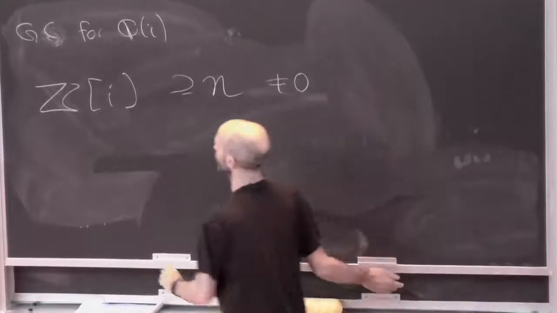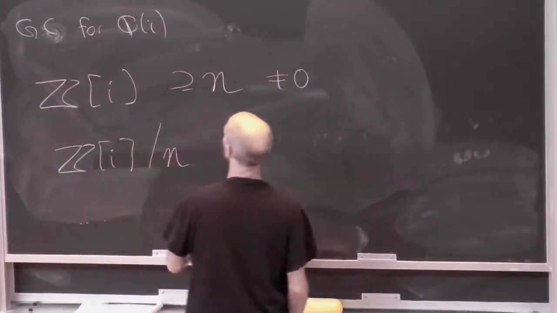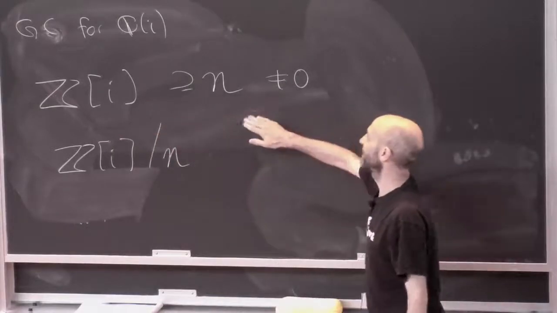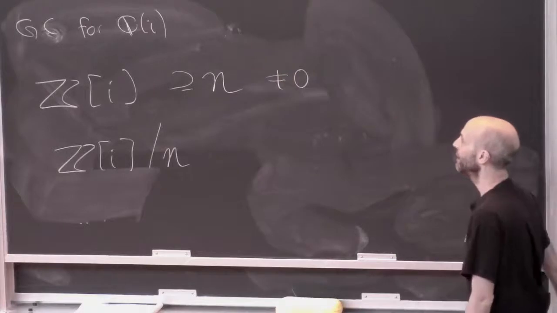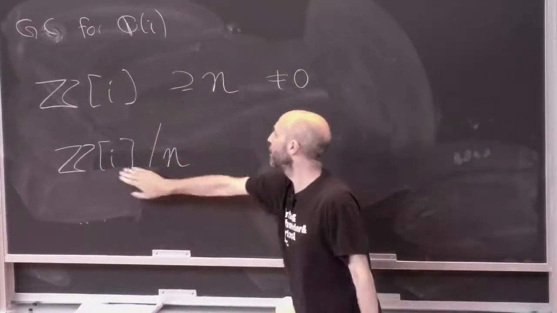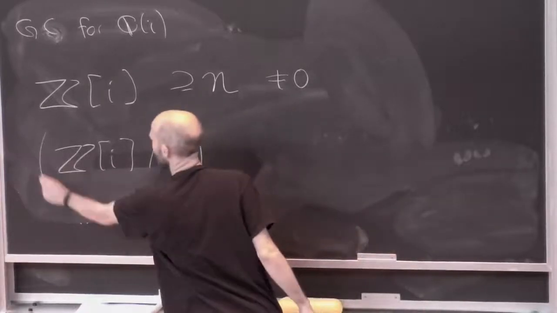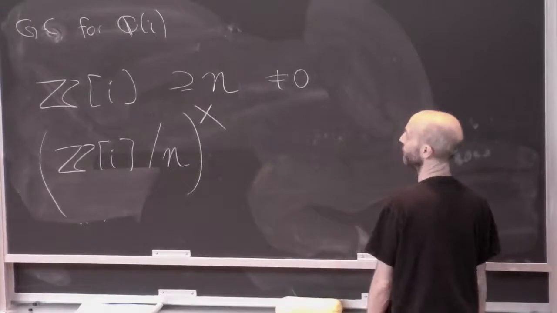Then let's do Z[i] modulo N. That's a ring. This could just be the principal ideal generated by 24. This could be anything, a random ideal. It is principal, they're all principal. I quotient out this ring by this ideal. That's a finite ring. I take its units. That's a finite abelian group.